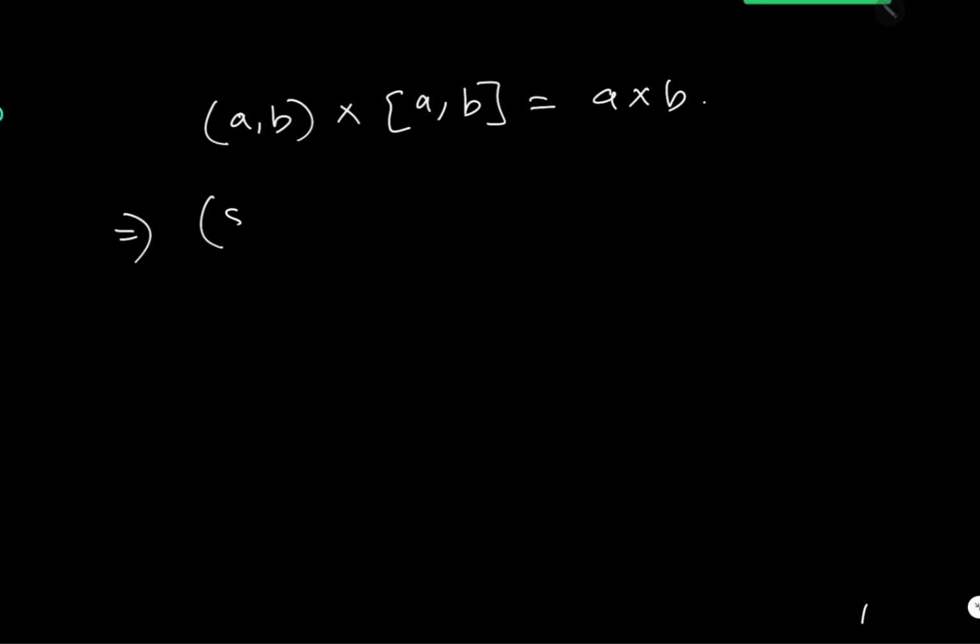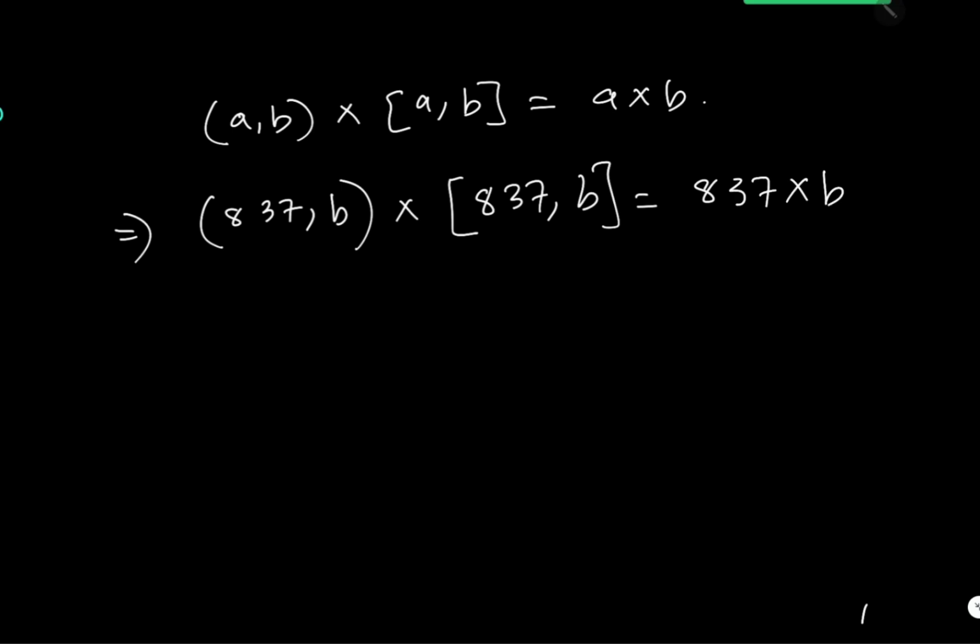Our A here is 837, then our B, we are not sure about our B, so we are trying to find B here. This will be equal to the product of 837 and the other number, which is B.